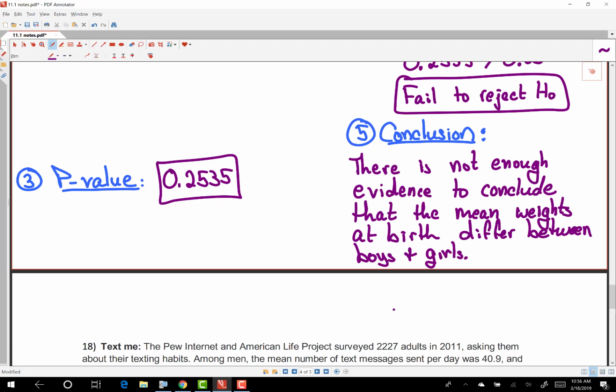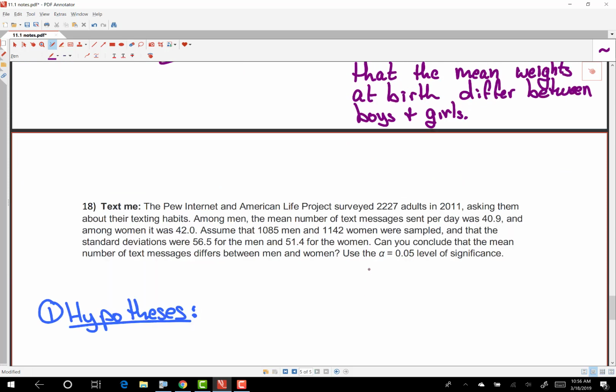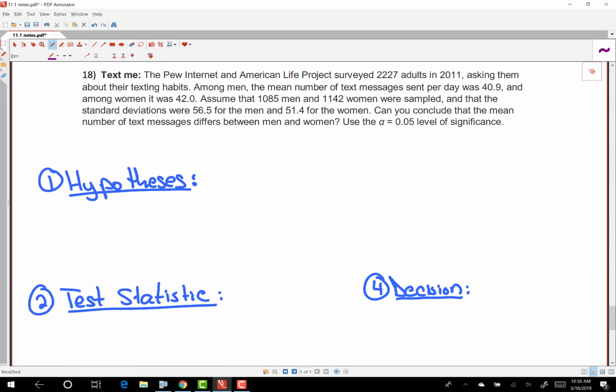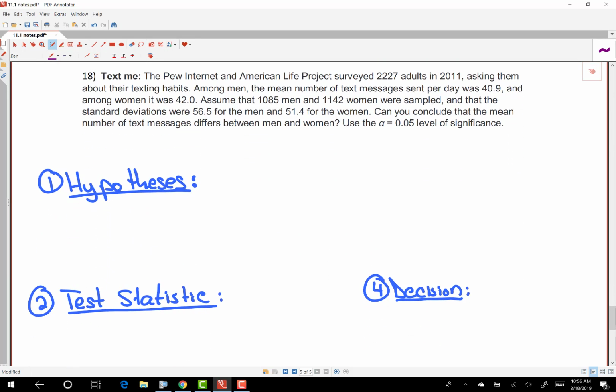I just have one last example. Let's look at number 18. It says the Pew Internet and American Life Project surveyed 2,227 adults in 2011, asking them about their texting habits. Among the men, the mean number of text messages sent per day was 40.9, and among the women, it was 42.0.